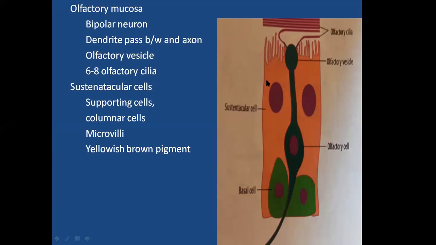Now the yellowish color of the olfactory mucosa is because there is a yellowish brown pigment present in the sustentacular cells. I'm repeating again that the yellowish color of the olfactory mucosa is because of the yellowish brown pigment present in the sustentacular cells.